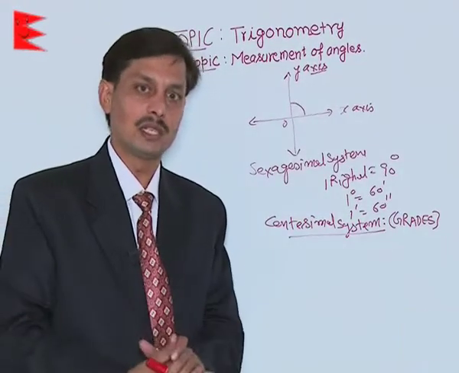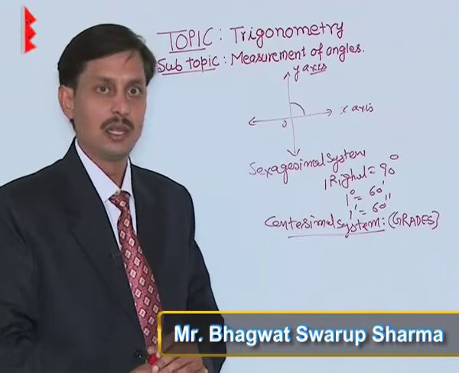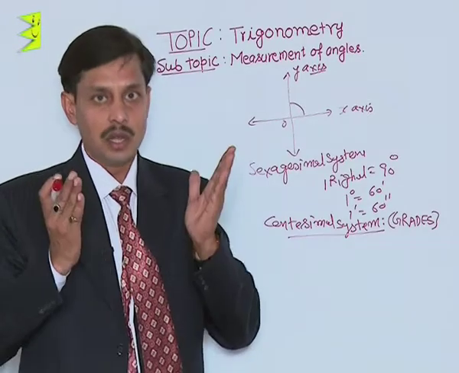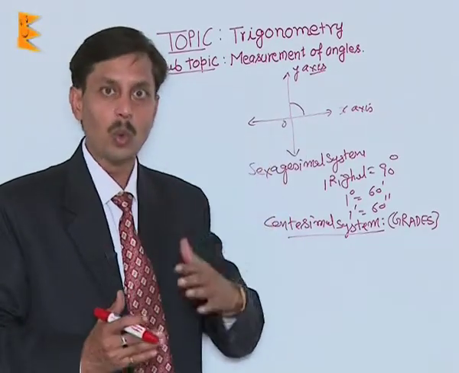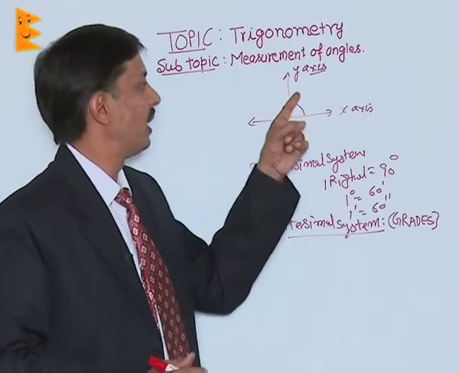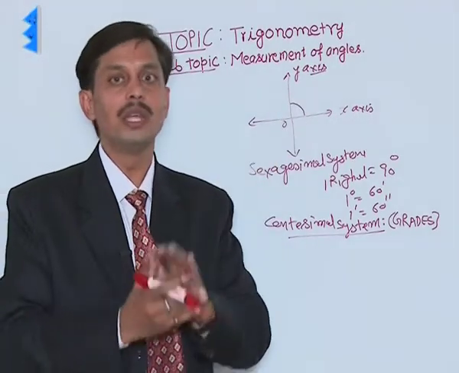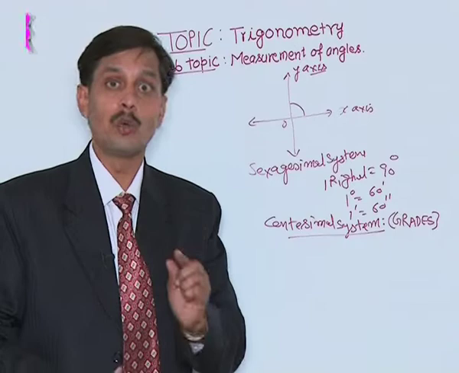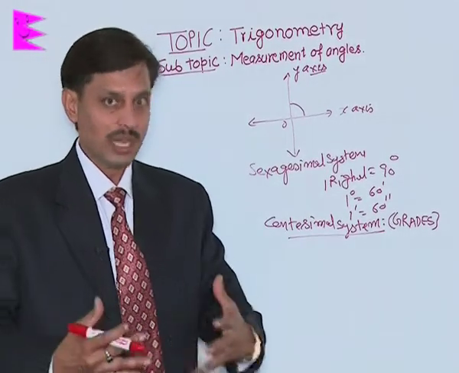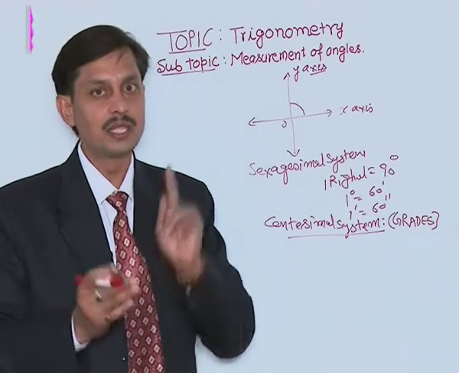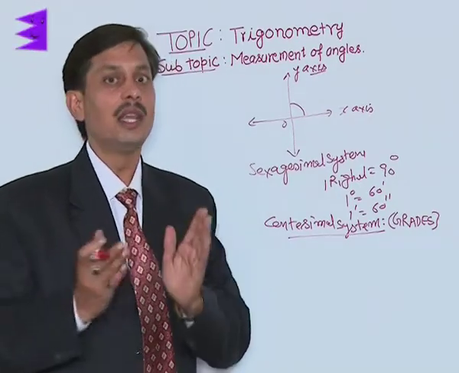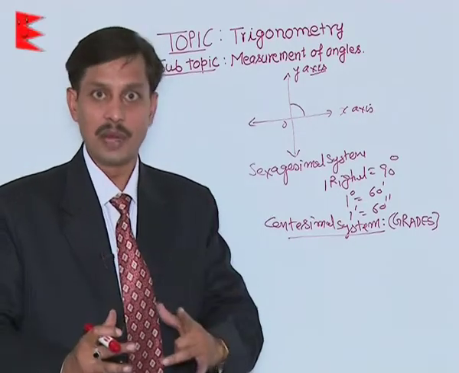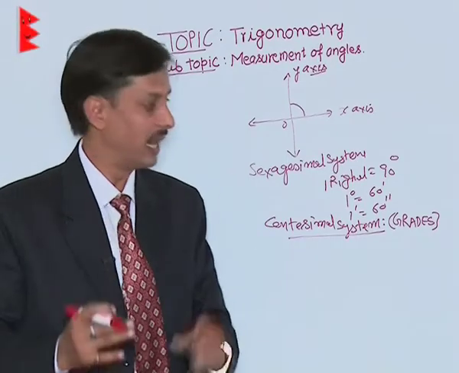The centesimal system says that if one right angle is separated by drawing 99 equally inclined rays starting from O, dividing it into 100 equal parts, then each part is of measure 1 grade.